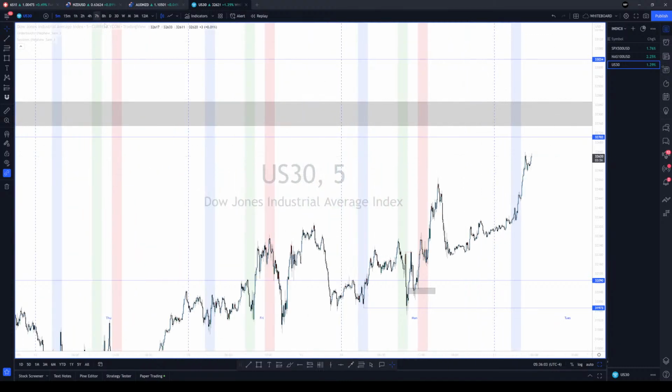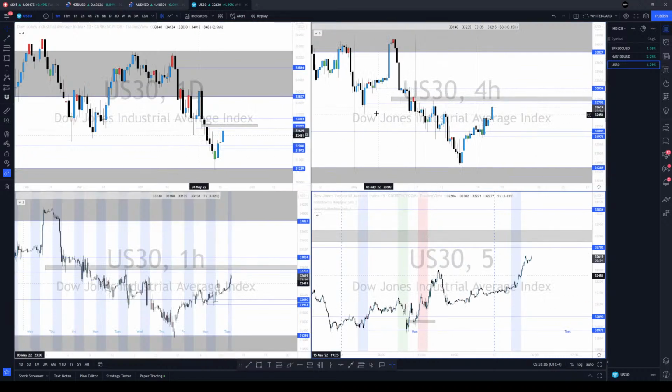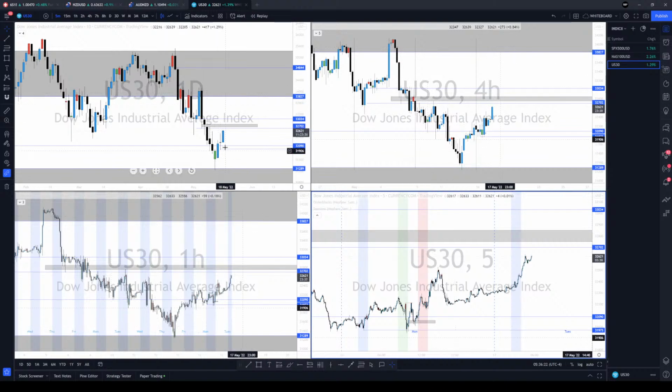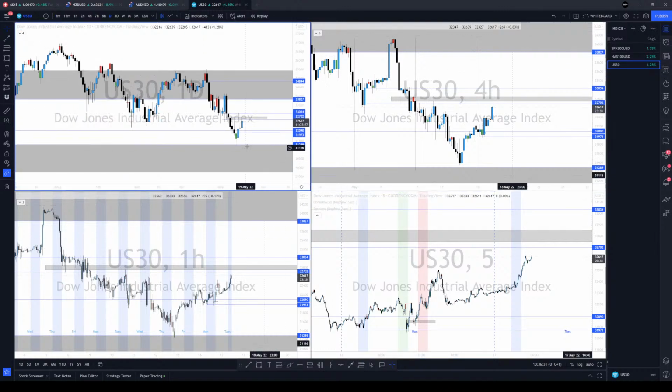If it does go higher, then there's a volume imbalance in here that price might trade to, but that's about it. I won't look beyond that because it's bearish. Okay, in a bearish market, PD arrays like this one are very strong, the gap. Okay, if it goes through it, then it will trade to the last up candle, and then it should resume going lower. Okay, so that's the Dow or US 30.